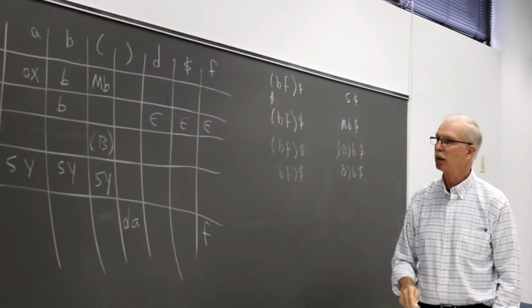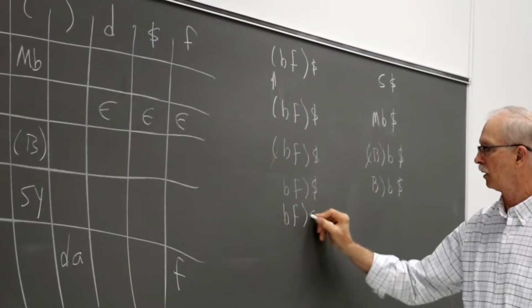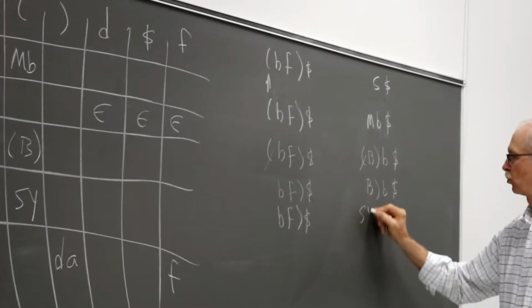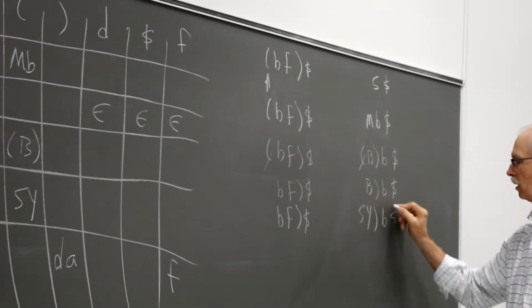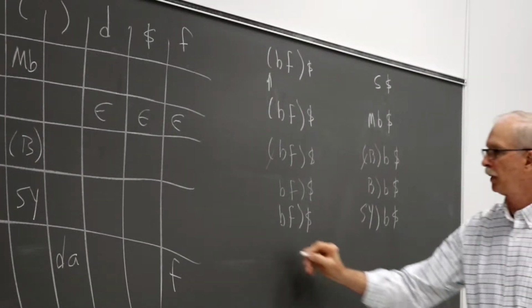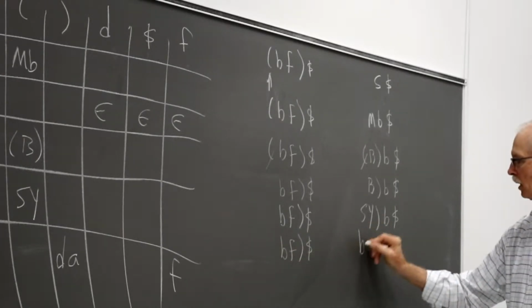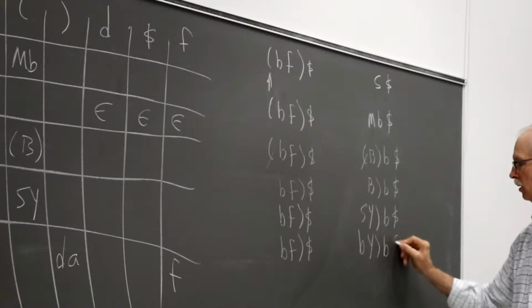I look up BB, and it says put on SY, BF paren dollar, SY paren B dollar. I look up SB, and it says put on B, so I have BF paren dollar, BY paren B dollar.